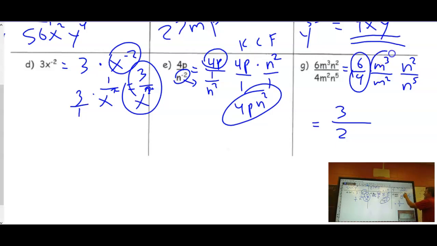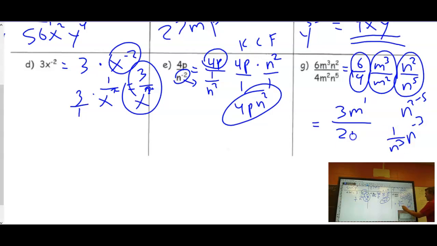Here you have m to the 3 minus 2, which is m to the 1st. And here you have n to the 2 minus 5, which is n to the negative 3rd, which is 1 over n to the 3rd, so we need to put that guy on the bottom. And there's your answer.